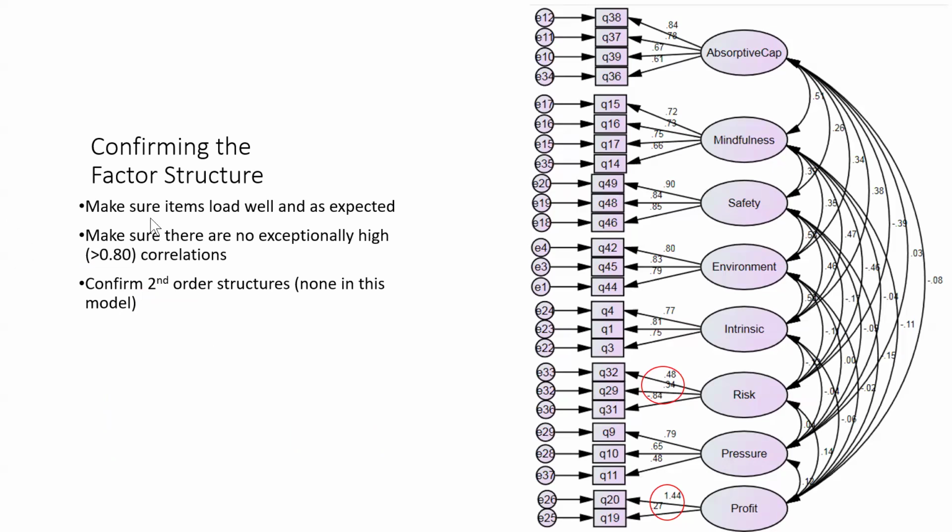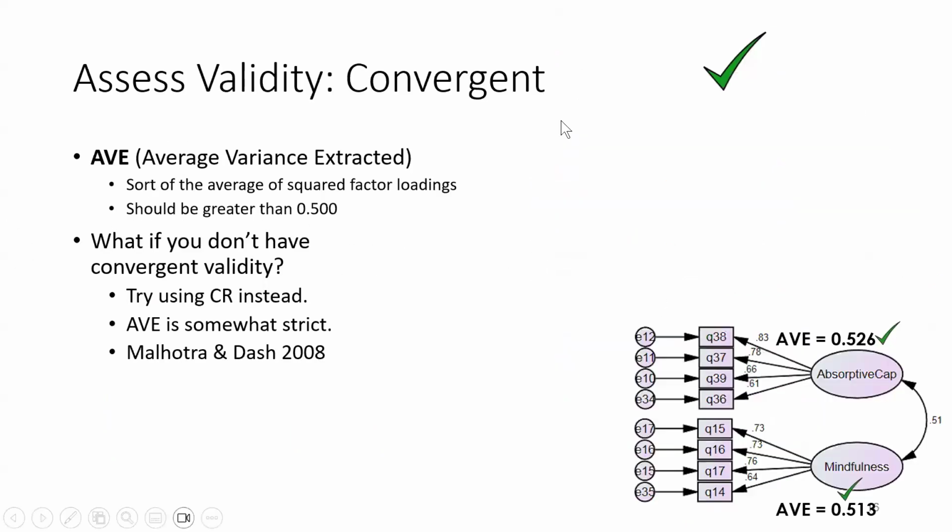Okay, so here we also have to test AVE. It's called average variance extracted. The rule is it has to be greater than 0.5. And how we calculate that: basically you see the factor loadings, they are all squared and added, and divided by the number of indicators.